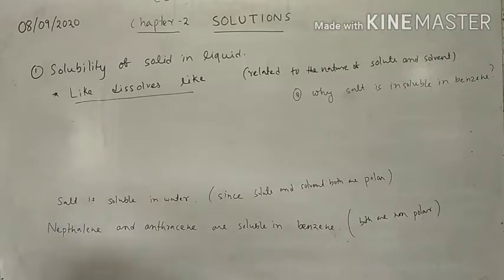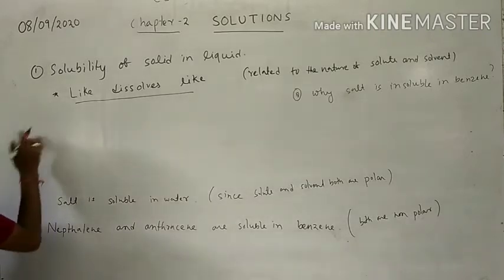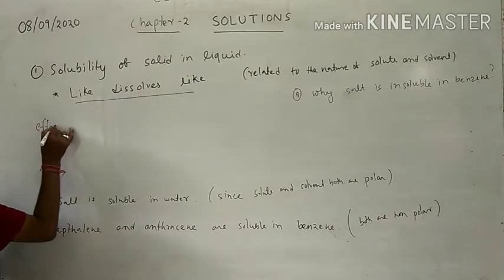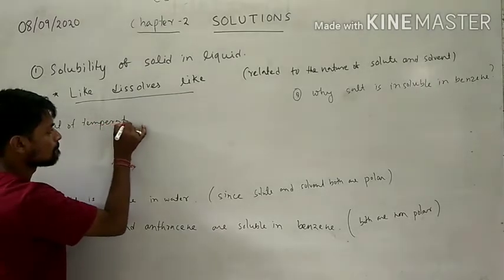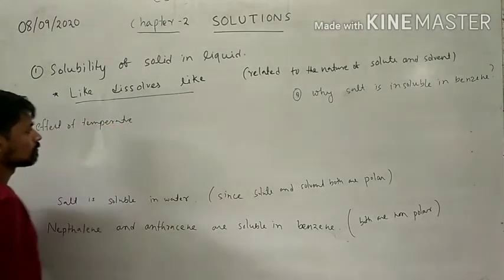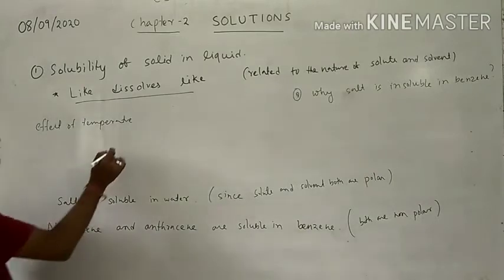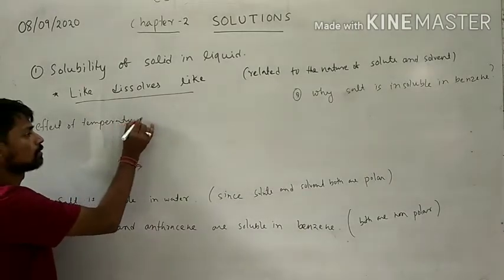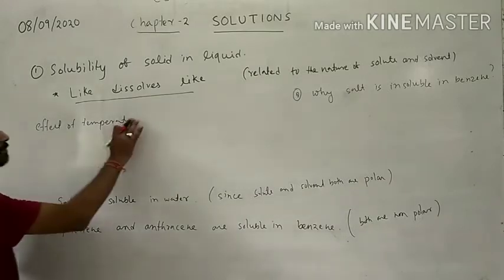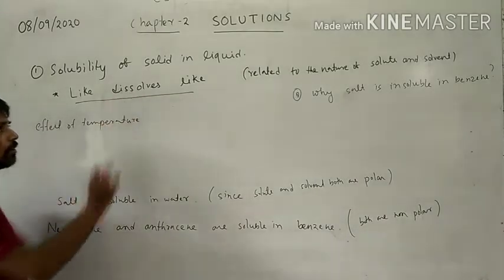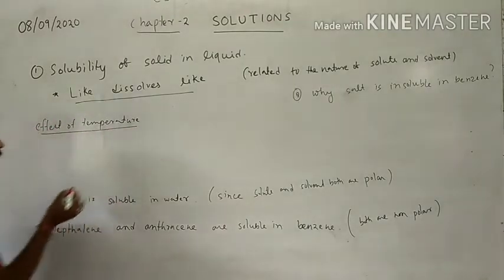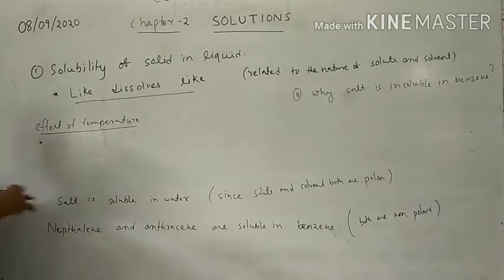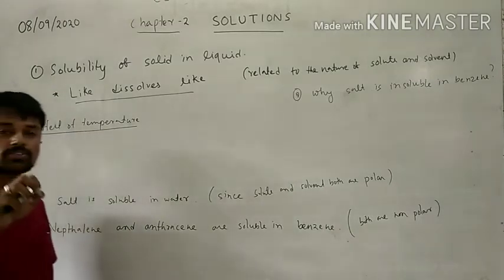The next effect is temperature. How does temperature affect it? Let us see. The next point was effect of temperature on the solubility of solid in liquid. Here write, generally what happens, if the temperature increases, the solubility also increases. But this is in case of endothermic reaction.